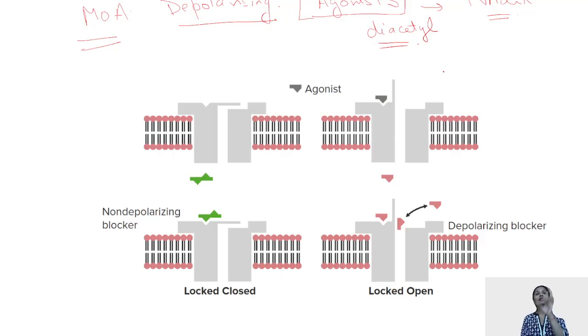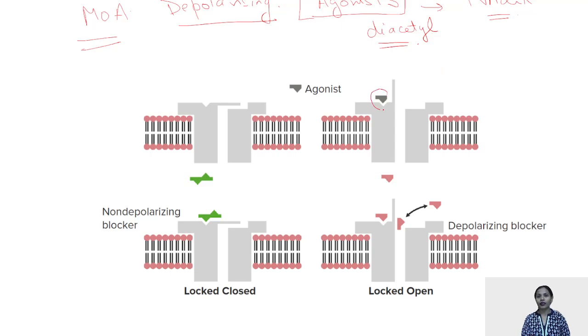So remember, the depolarizing agents are non-competitive agonist agents. They lead to depolarization, seen as fasciculations and twitchings, and eventually no repolarization and flaccid paralysis.